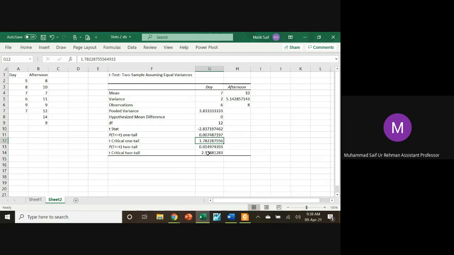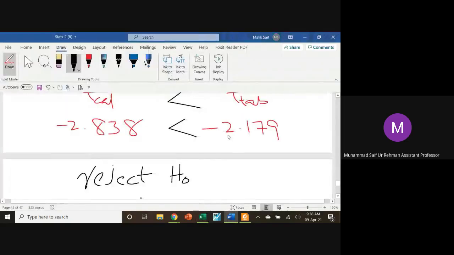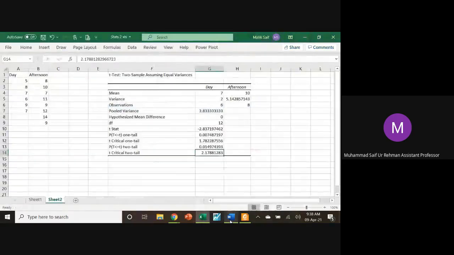But as we have seen that there are two tails in the distribution, 2.178 is there. I had rounded it off, but the software is giving you the exact value. So now I think everything is clear and we have done it correctly.